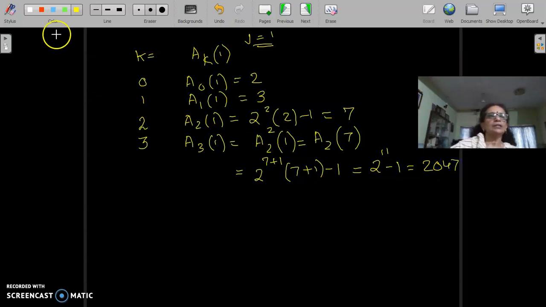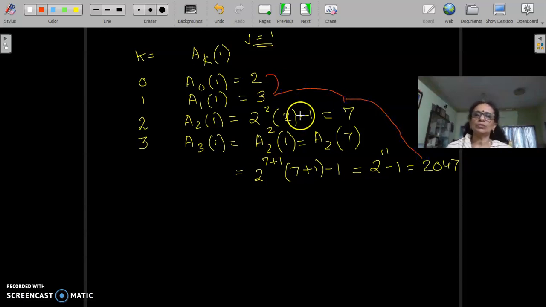So we can just note that from 2 it has gone to 3, from 3 to 7, and from 7 to 2047. So it is quite bigger and bigger jumps, as we can see, right? This is a big jump, this is a small jump, this is a big jump, this is a much bigger jump.